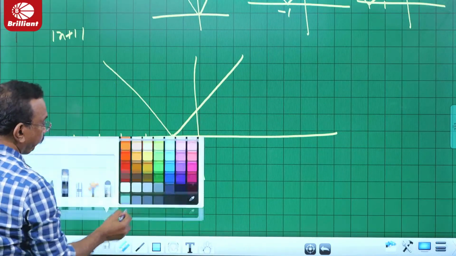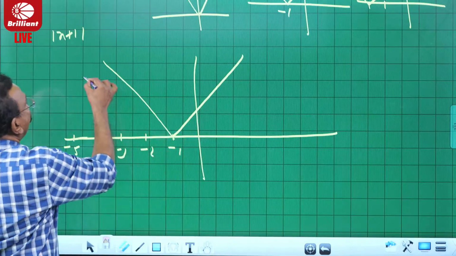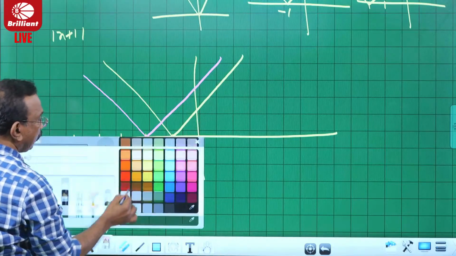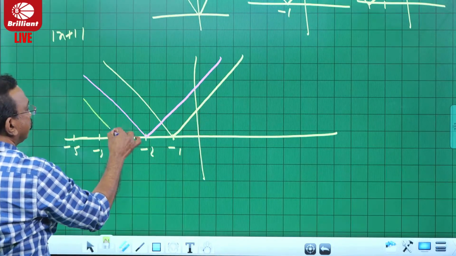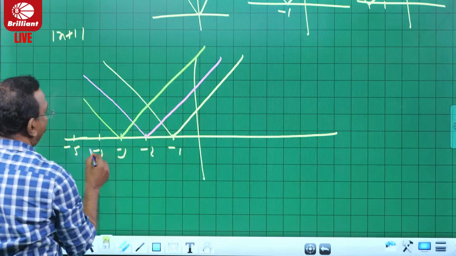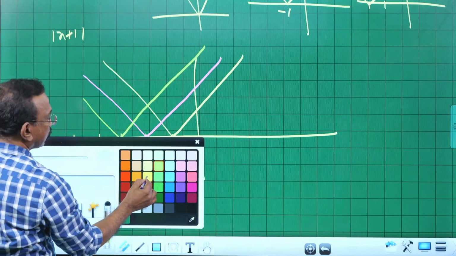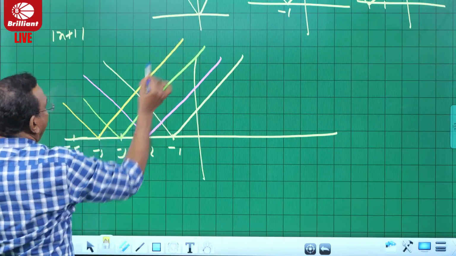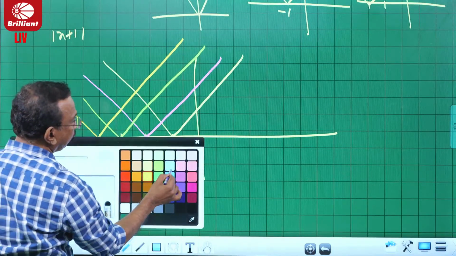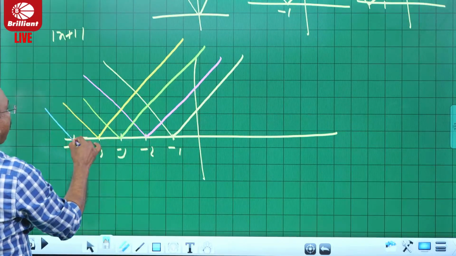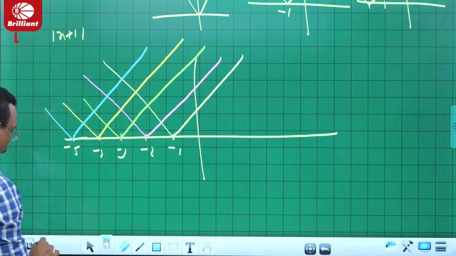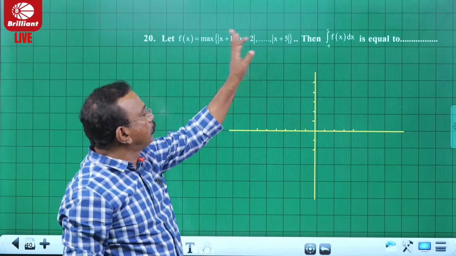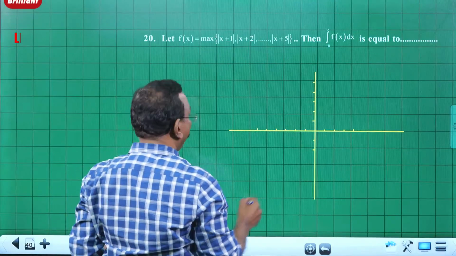And next I shall draw the next modulus like this, and the next modulus like this, and the next one is this one, and the last |x+5|. I shall explain the question there. Our question is |x+1|, |x+5|, |x+2|, etc. The first modulus sign is there.